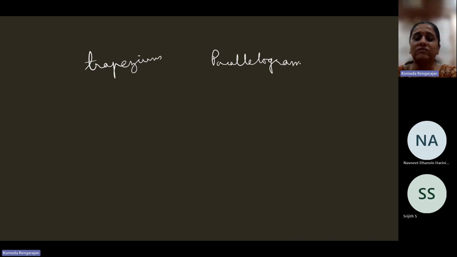Then a quadrilateral in which one pair of opposite sides is parallel is called a trapezium. A trapezium is a quadrilateral in which exactly one pair of opposite sides is parallel. And a parallelogram is a quadrilateral in which both the pairs of opposite sides are parallel.